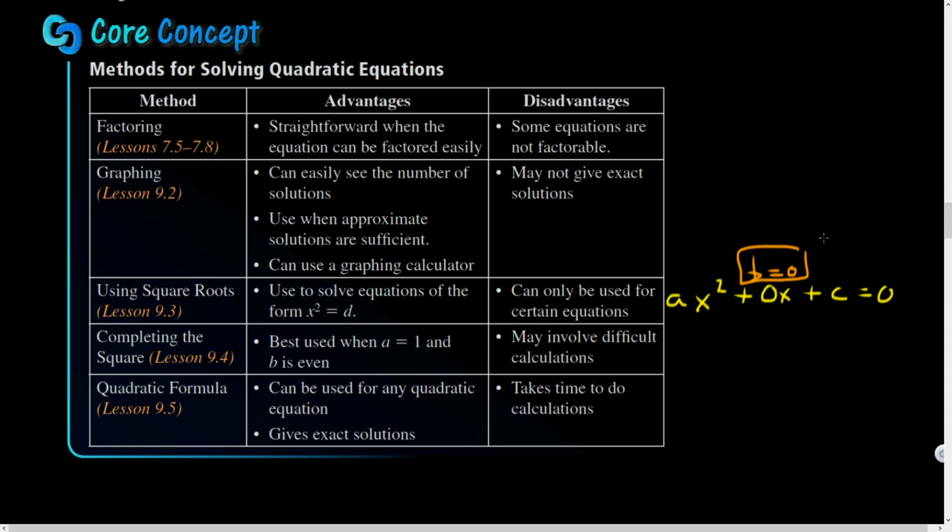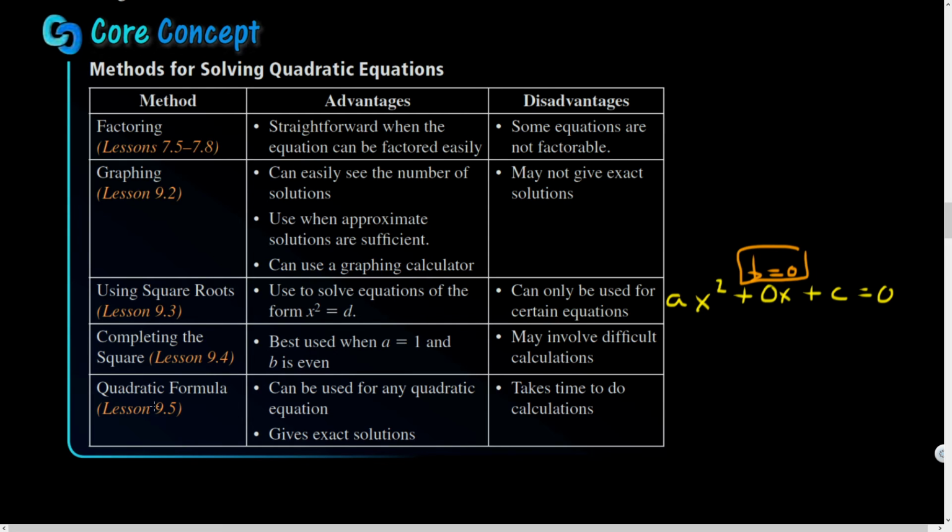Completing the square is my favorite method of solving quadratics, but it's a little bit annoying anytime a is something other than 1. It's also a little bit annoying anytime the middle term is odd, because you have to do the b divided by 2 all squared thing. So it could be tedious in those situations, but it works every time. Exact solutions every time.